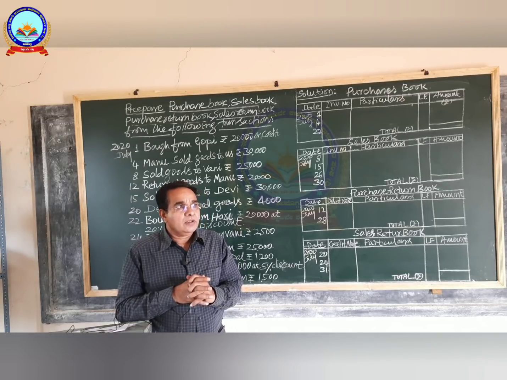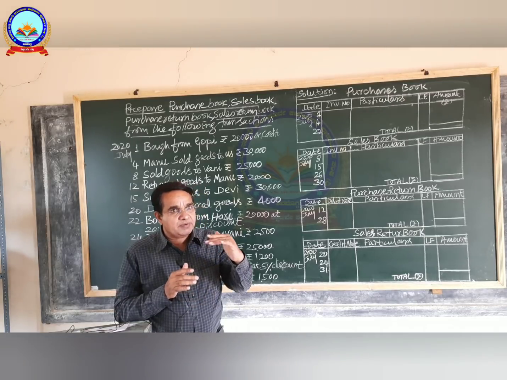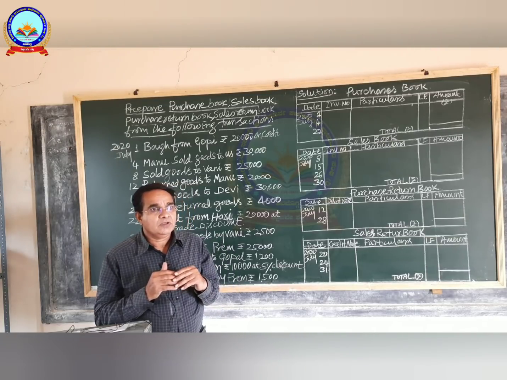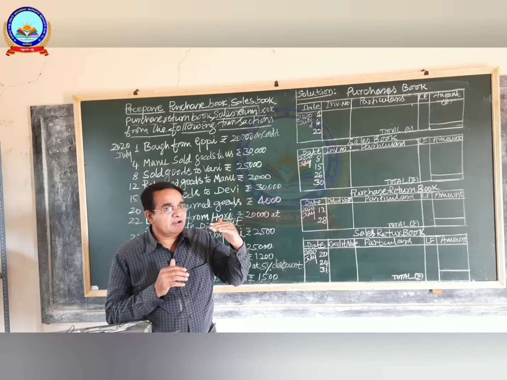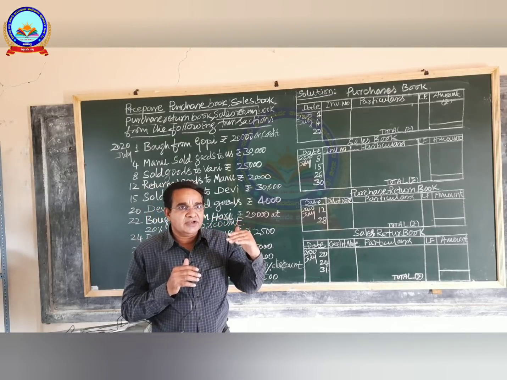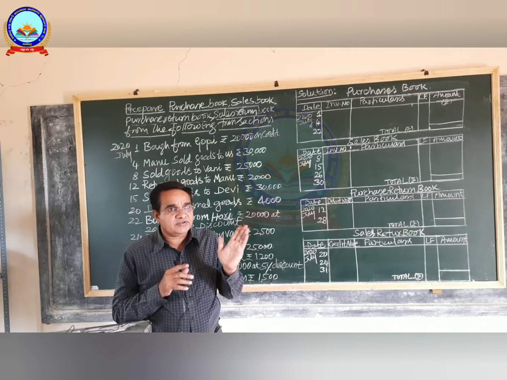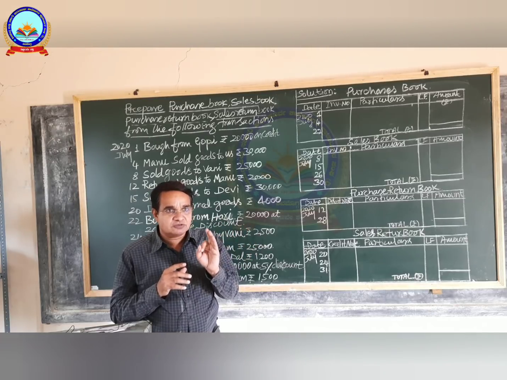While I am explaining the preparation of the subsidiary books, the individual preparation of subsidiary books may be asked in the examination for 6 marks, particularly purchases book as well as sales book.